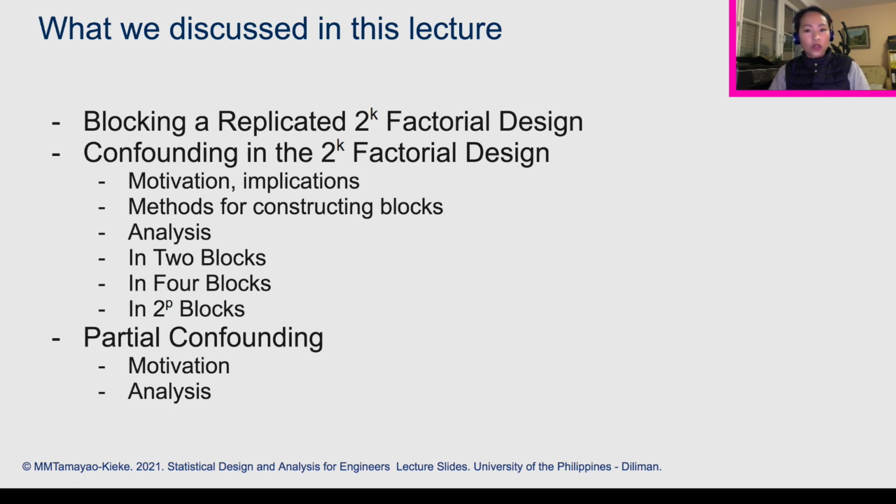We also talked about methods for constructing the blocks, as well as how to analyze confounding in the 2 to the k factorial design. In particular, we talked about 2 blocks, 4 blocks, and the general case of 2 to the p blocks. And lastly, we talked about partial confounding, its motivation, and how to analyze this kind of design.